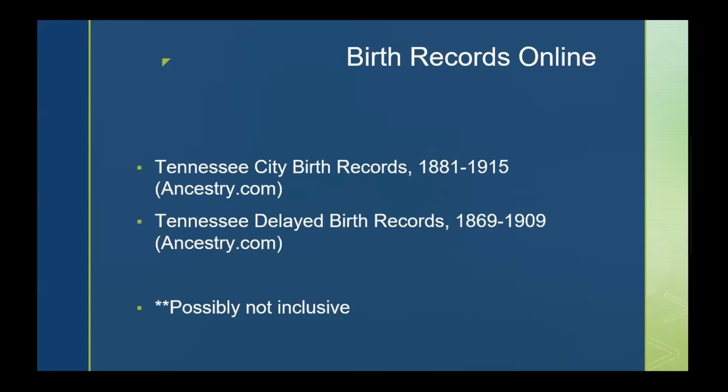I just know that sometimes when I search for people who I know should be in Tennessee records online, I don't always find them, and so I don't know if there are more records at the county level that just didn't get digitized and put online. So that is something to keep in mind, that I'm not positive that every record has been digitized for these years for every county for every year.